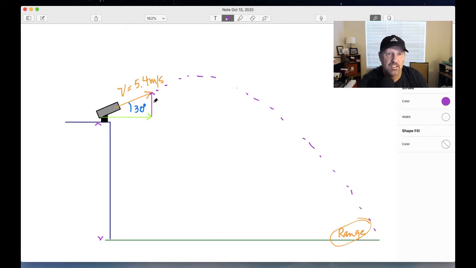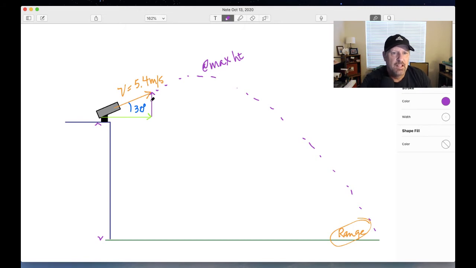The velocity starts out here and gets smaller and smaller until it gets to a certain height. At max height, the vertical velocity goes to 0, and then it starts heading back down, so it's accelerating all the time at negative 9.8 meters per second squared.